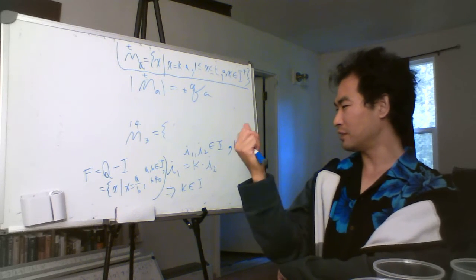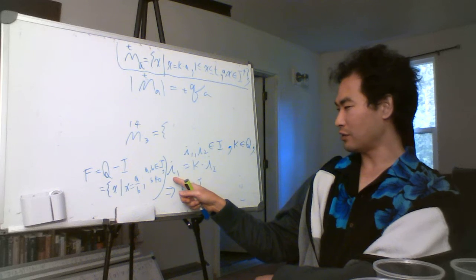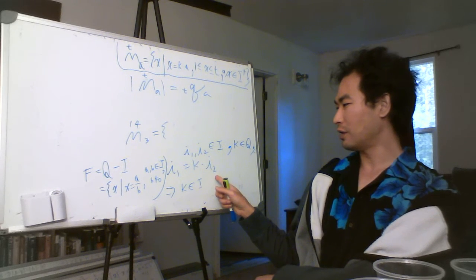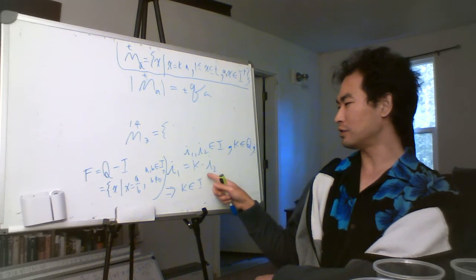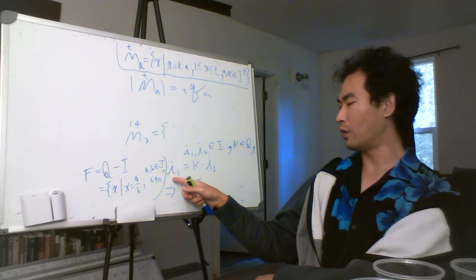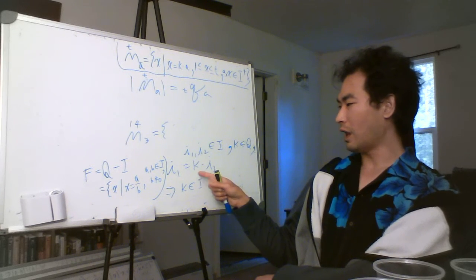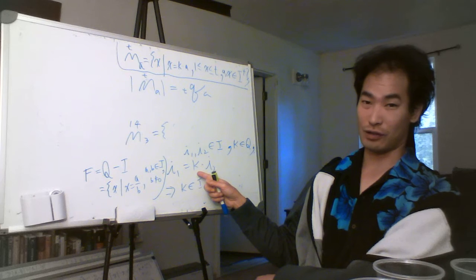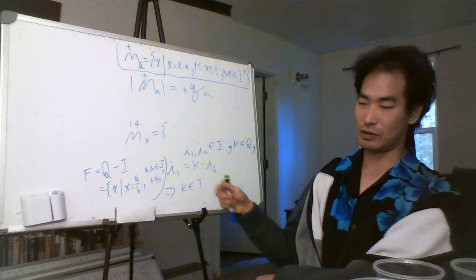How do you prove this? If I1 is an integer and I2 is an integer and k times I2 is the same as I1, then k is also an integer. How can we prove that?